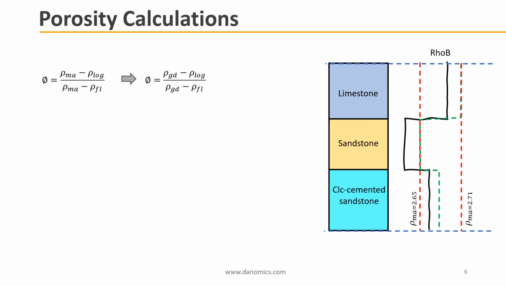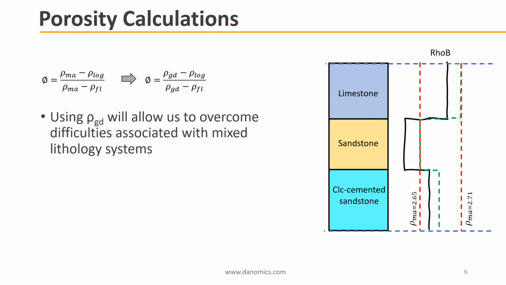I could just add another formation top here, and then I could select a 2.71 in this unit, and a 2.65 in this unit, and something different here. Well, let's think about that. First of all, down here in this unit, what are you going to use?